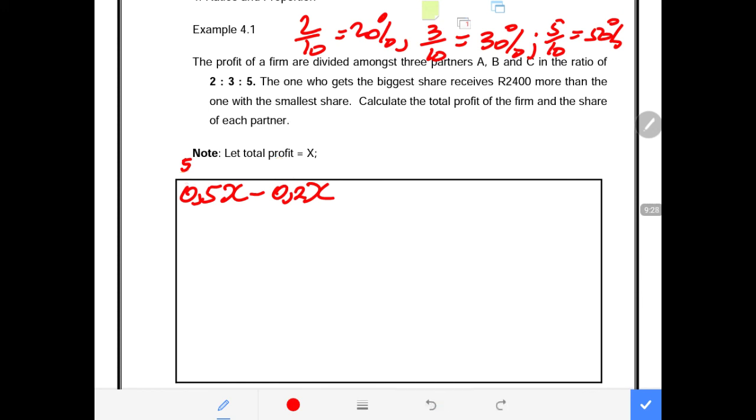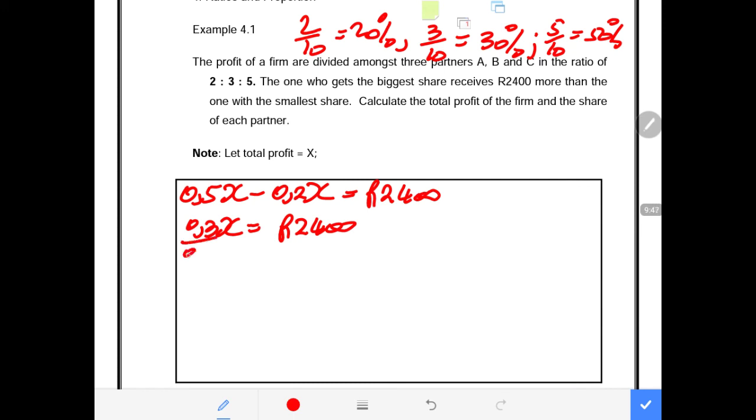So I'm just using the percentage because percentages are easier. This is equal to 2,400. Then we say 0.5 minus 0.2, it will give us 0.3x, x indicating the profit share, is equal to 2,400.